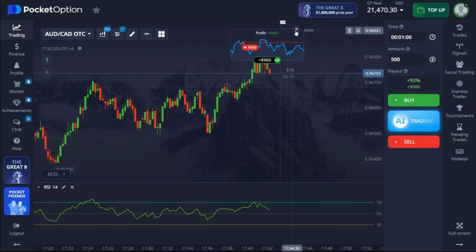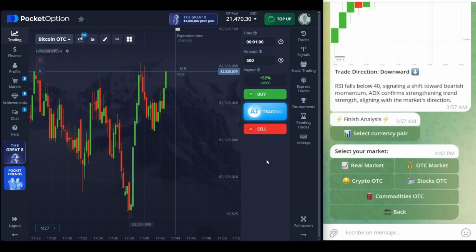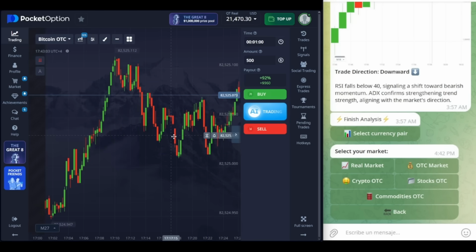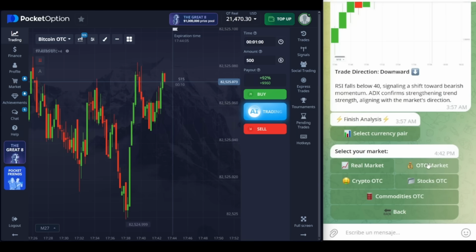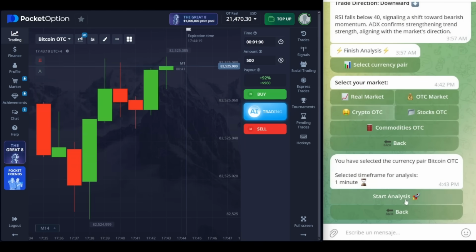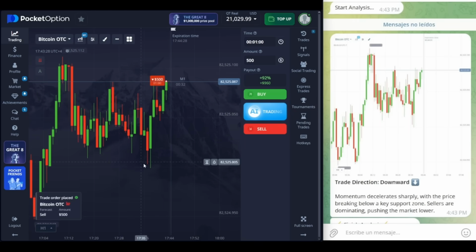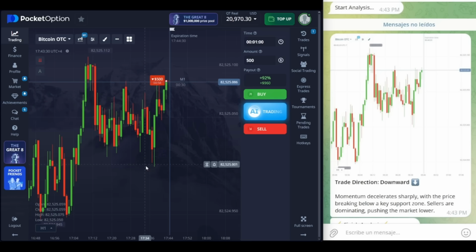Now let's switch to the bot and you'll see how fast it goes. Let's start with crypto, Bitcoin OTC. Everyone's watching it today, so why not? Choosing 1 minute time frame. Bot gives a signal to go short. I enter the trade.